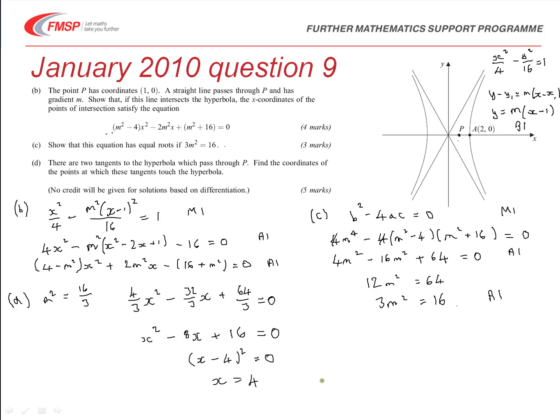We can substitute in the value of x into that, and that will give us 16 over 4 minus y squared over 16 equals 1. Well, 16 over 4 is 4. So if we take the y squared over 16 to the other side and the 1 back the other way, that will tell us that y squared over 16 equals 3.